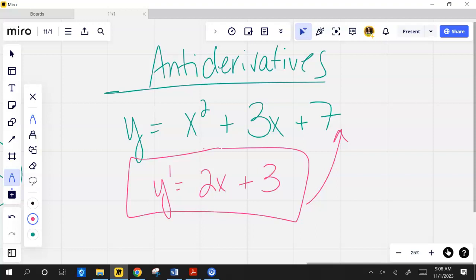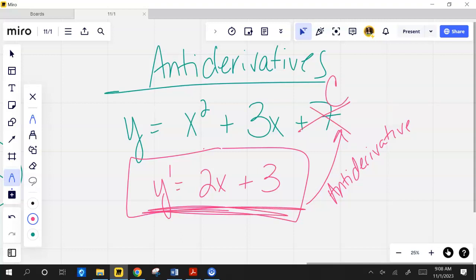That 7's throwing you off. Could you come up with at least this part, though? Yes. Okay. That's called an antiderivative. The reason the 7 throws us off is, what's the derivative of a constant? 0. So this 7 could be any constant in the whole wide world if I started here.